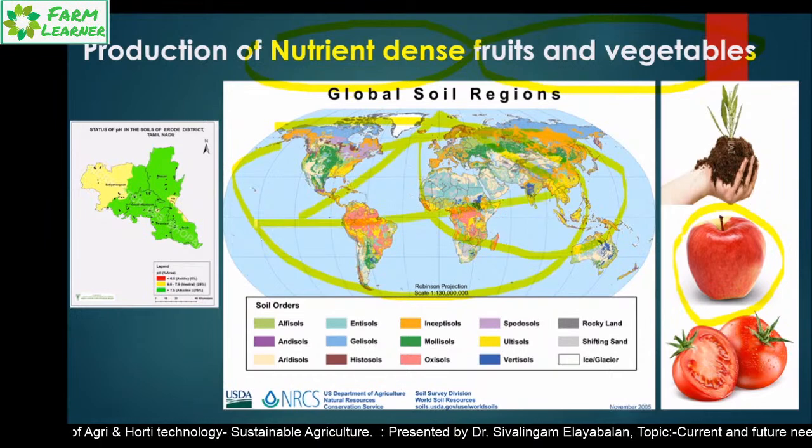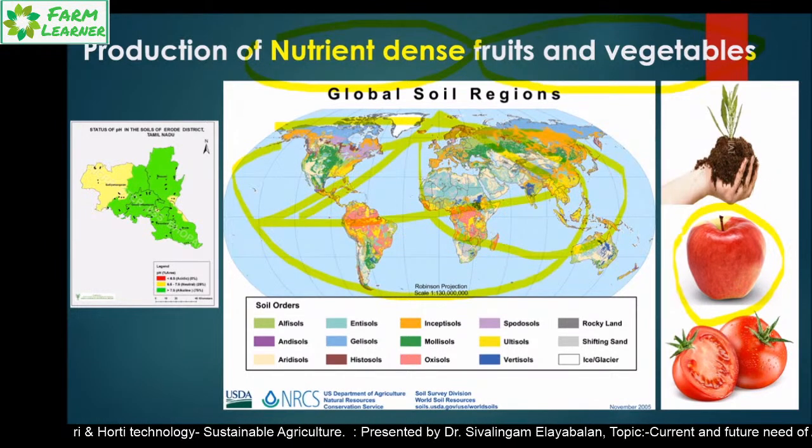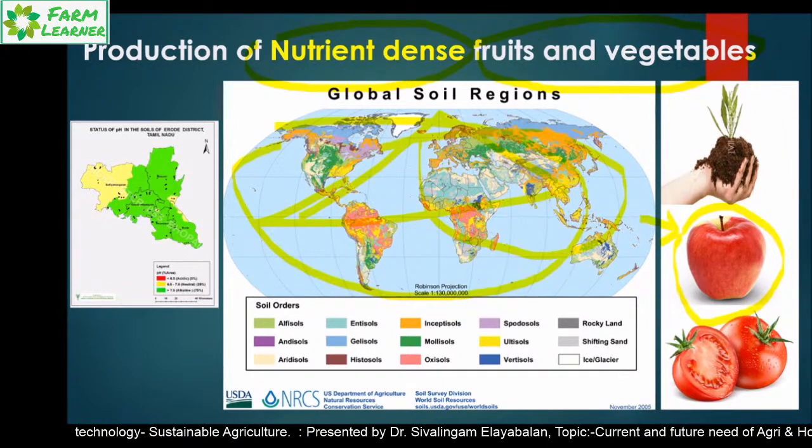The triangle is there. If you take an example, apple, they planted in the 1950s in a Himalaya region. After 2 years they got the fruits. They took the fruits and studied the nutrition profiling, what components, what vitamins are there.